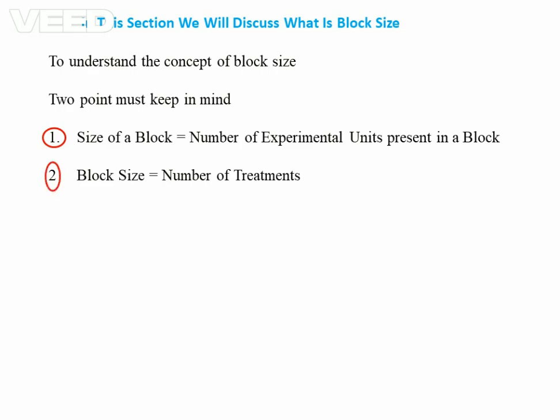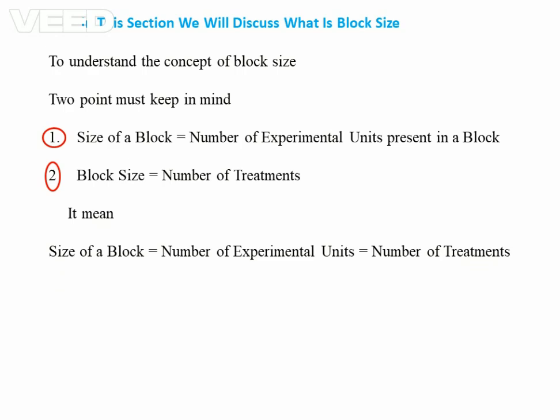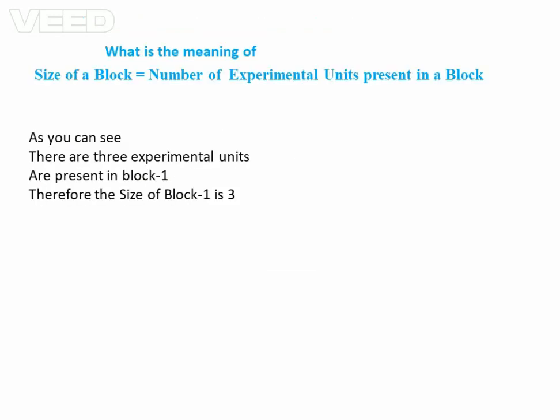Number 2, block size is equal to number of treatments. It means size of a block is equal to number of experimental units is equal to number of treatments. Now, what is the meaning of size of a block is equal to number of experimental units present in a block?